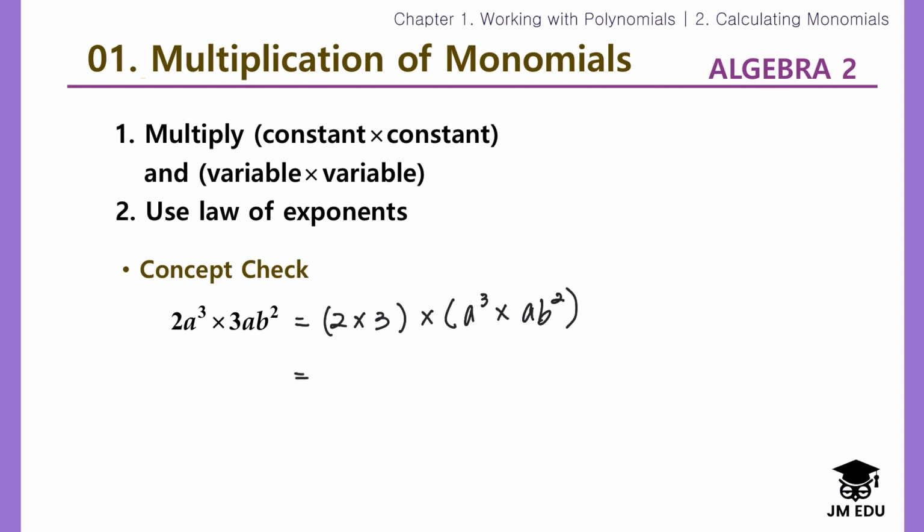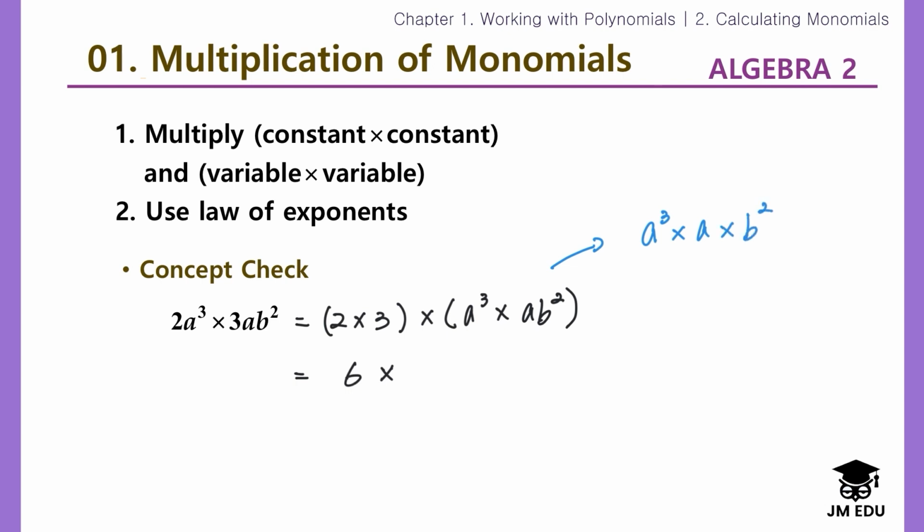So 2 times 3 is equal to 6 times, when we simplify this expression, we can only multiply when we have the same base, right? So this expression is actually equal to a cubed times a times b squared, right?